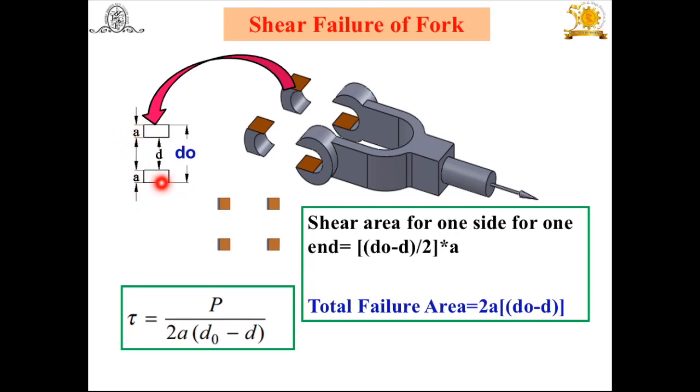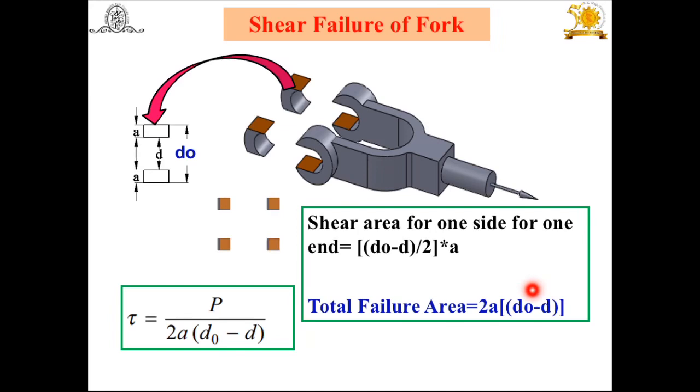So the shear area of one side for one end is equal to (do minus small d) by 2 multiplied by thickness a. This is for one shear area plane. Then there are total 4: top 1, bottom 2, third top, again bottom 4, total 4 areas. Multiplied by 4, you will get the total failure area: 2a in bracket (do minus d).